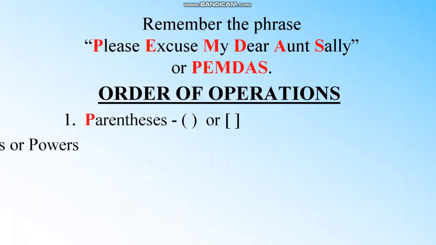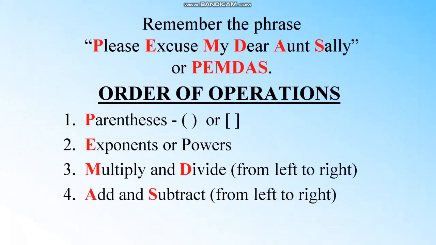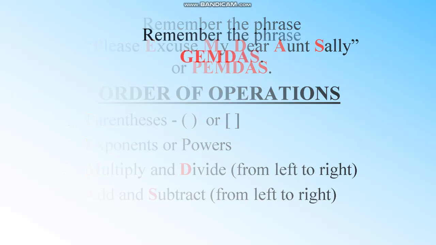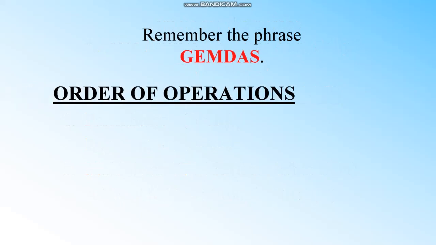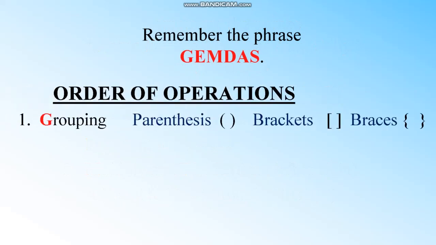So let's have a review on this one. The rule, what we call the PEMDAS rule, the order of operations rule: we have the parentheses, exponents or powers, multiplication and division from left to right, and addition and subtraction from left to right. Now, we're going to change parentheses to grouping, because today we're going to evaluate what is inside the parentheses, brackets, and braces.